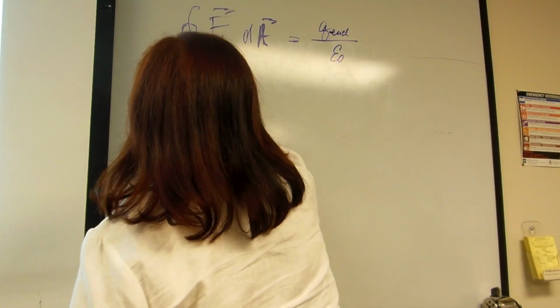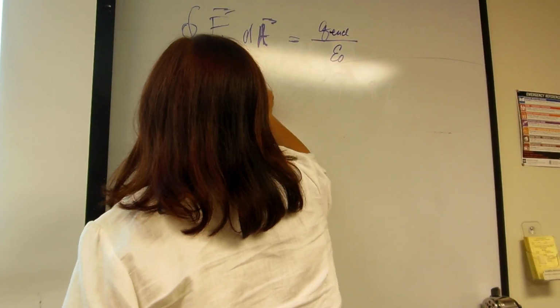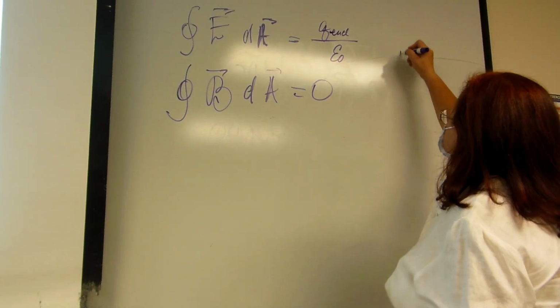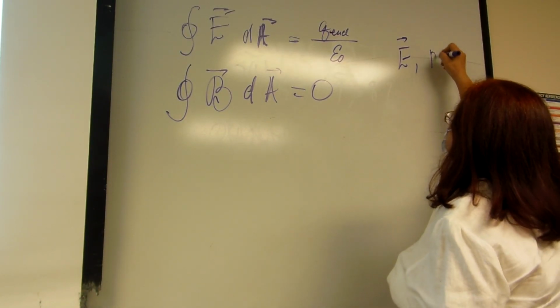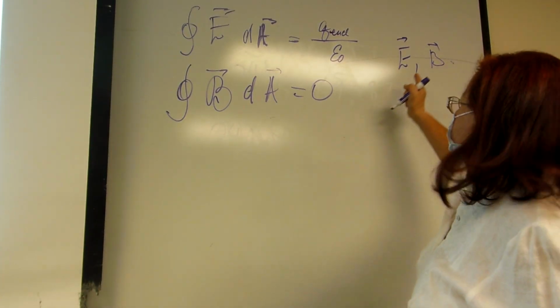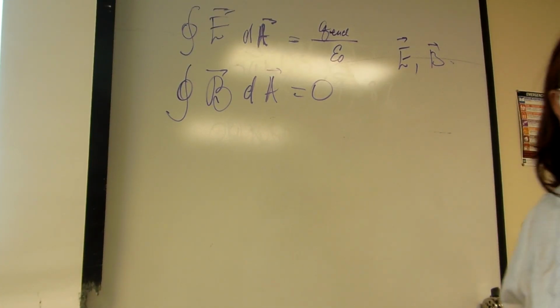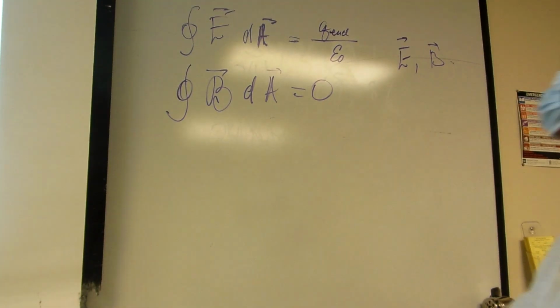The second equation, for B, the integral of B dA equals 0. So we have 2 fields, E and B, in electromagnetism: the electric field and the magnetic field. Probably you heard about those notations and those fields for sure.